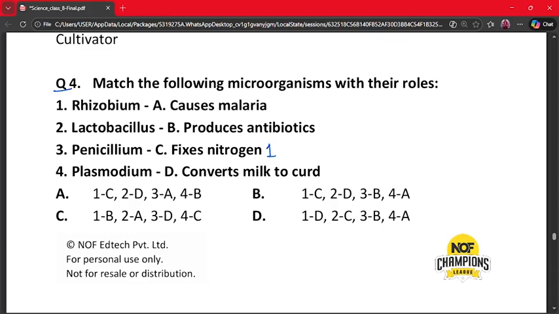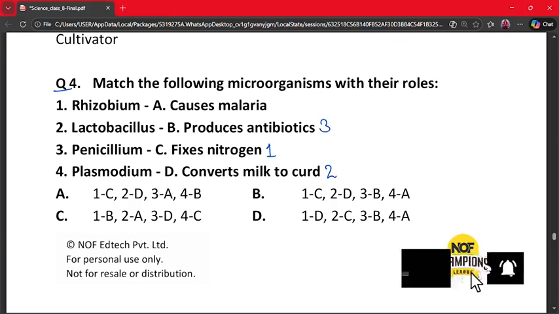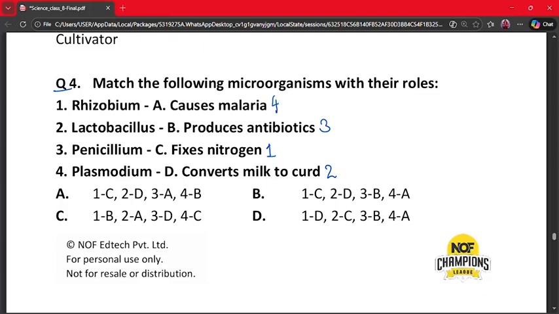Lactobacillus converts milk into curd, so this is second. And Penicillium produces antibiotics, so this is third. And Plasmodium causes malaria, so this is fourth. So when we match each correctly, option B, 1 to C, 2 to D, 3 to B and 4 to A fits correctly, and it is the correct answer.